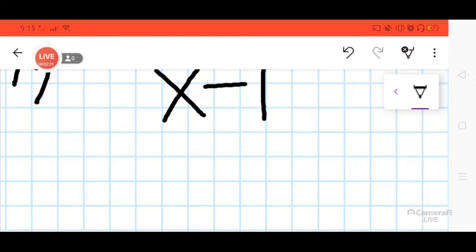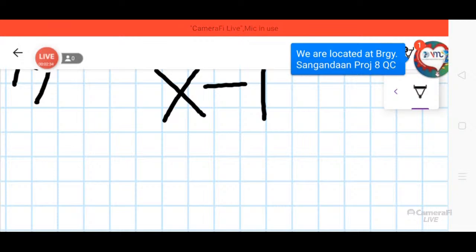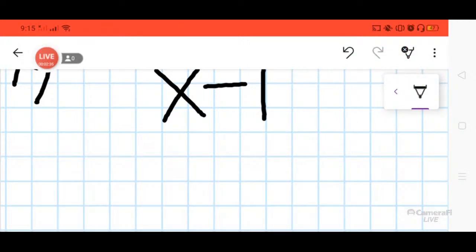First, the vertical asymptote. It says here in our guide that for simple rational functions, the vertical asymptote occurs where the denominator equals 0, the same x values that are not in the domain.